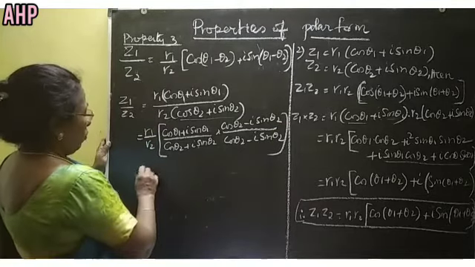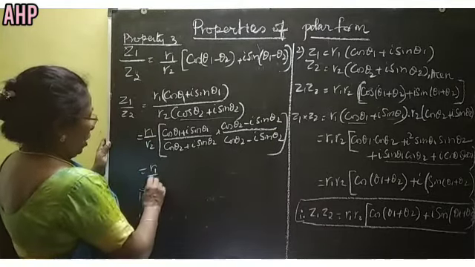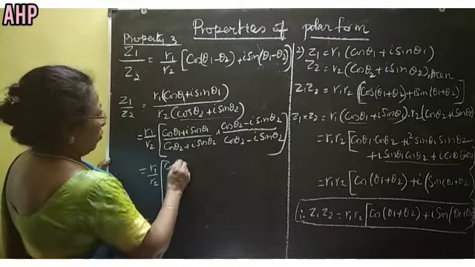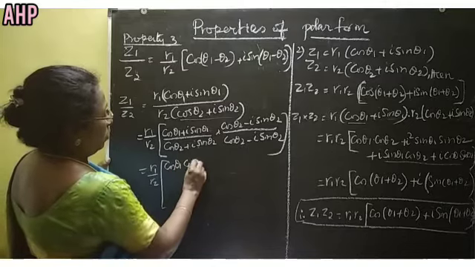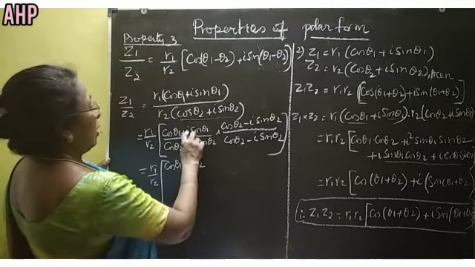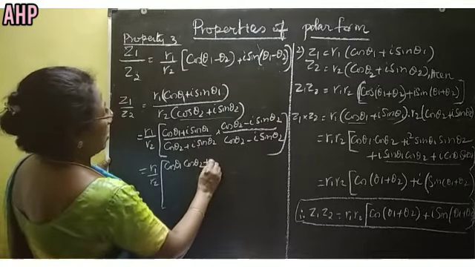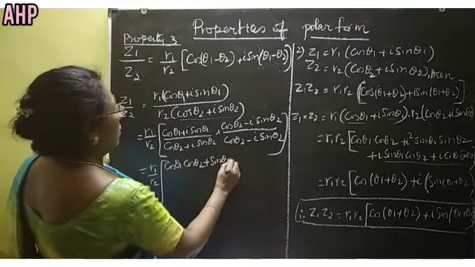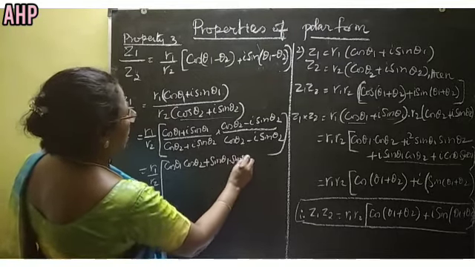Now, if you are going to multiply, this is going to be cos A cos B, cos theta 1 into cos theta 2, then i into i square plus sin theta 1 into sin theta 2.